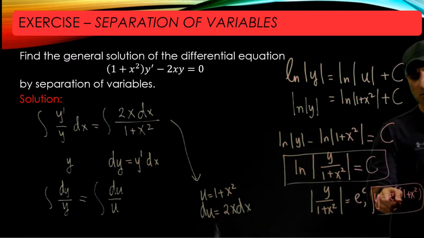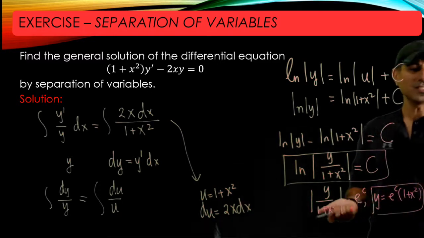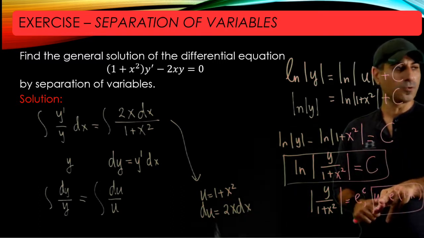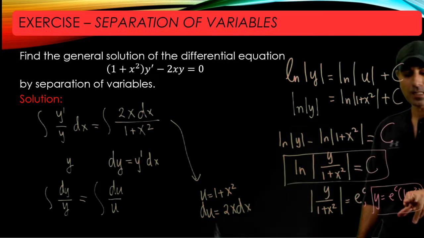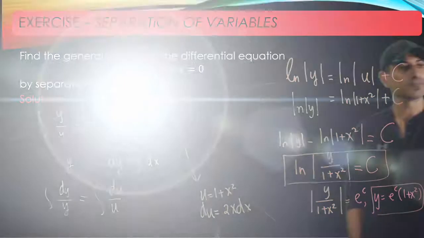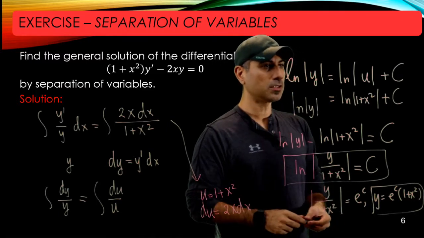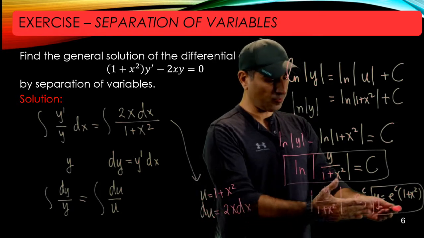In certain cases, you can replace e to the c by another constant d, because if c is arbitrary, then e to the c is arbitrary. So the solution form would look like d, an arbitrary constant, times 1 plus x squared. This final form is called the general solution to the differential equation, and this is the best form that you can get.